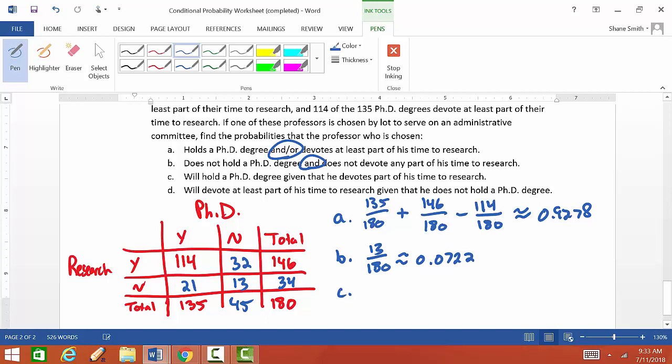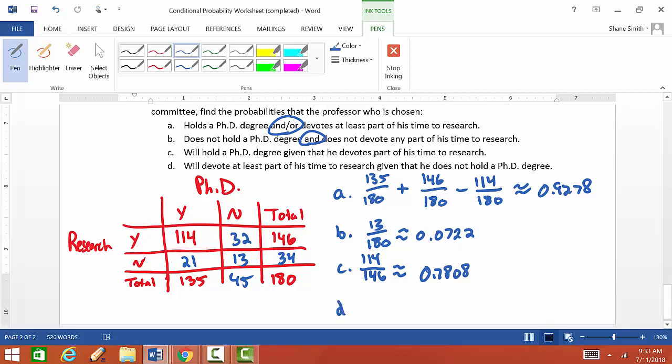C, will hold a PhD degree given he devotes part of his time to research. So if we know he devotes part of his time to research, which is this top column, there's 146 of them that devote part of their time to research, and 114 have PhDs, which is 0.7808. And then finally in part D here, will devote at least part of his time to research given he does not hold a PhD degree.